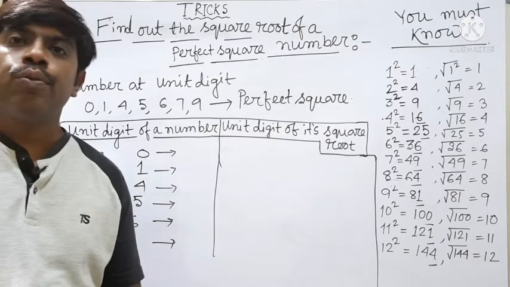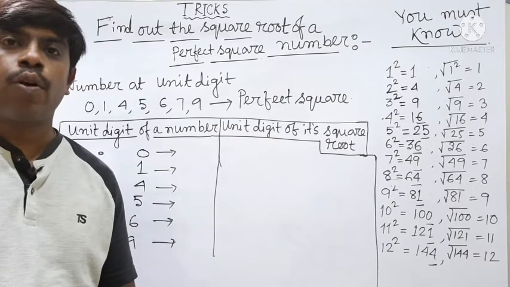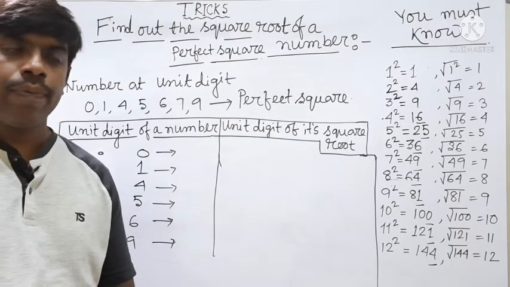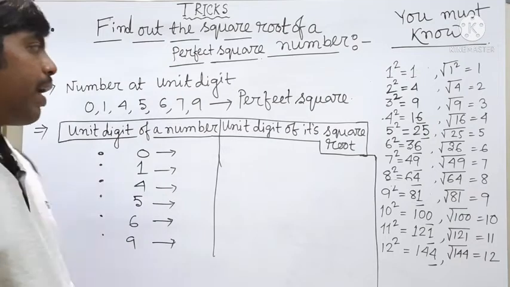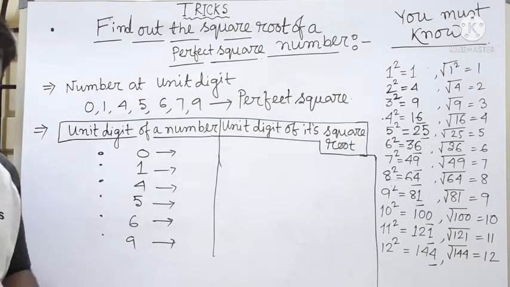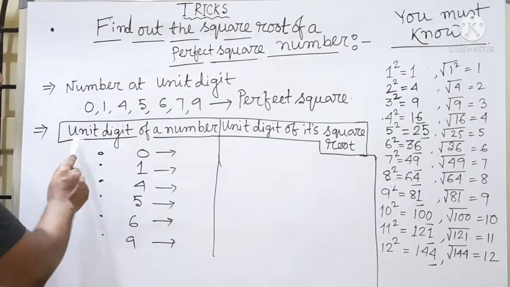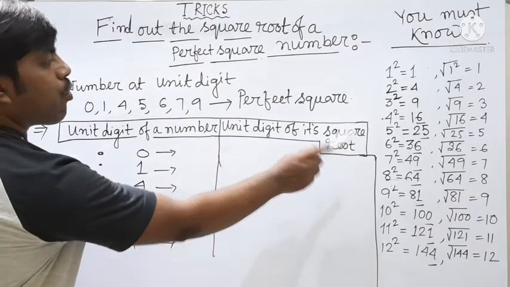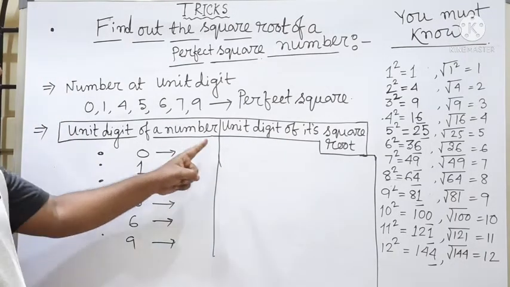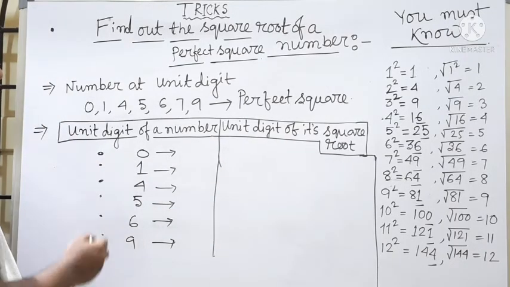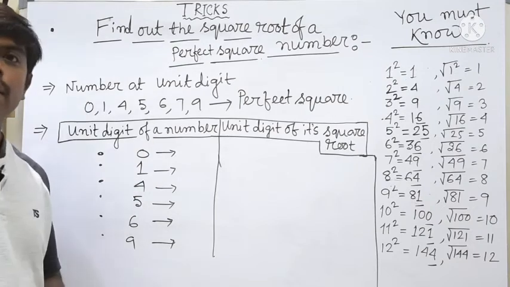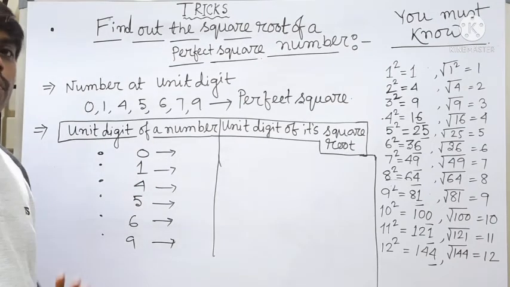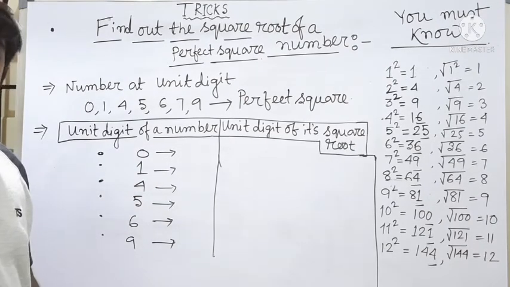Today we will find out the square root of a perfect square number. For that we make a table here. You can look at the table: unit digit of a number and unit digit of its square root. If the unit digit of a number is 0, then what will be the unit digit of its square root?